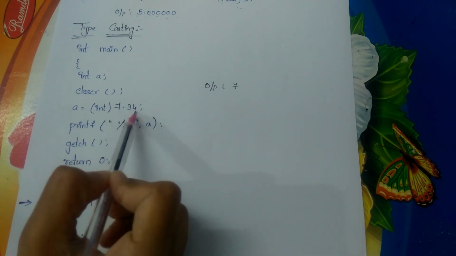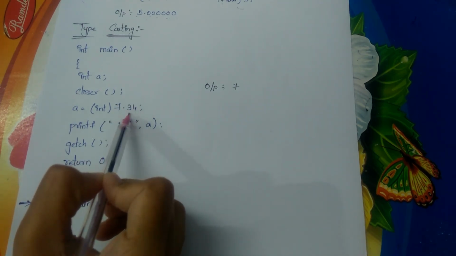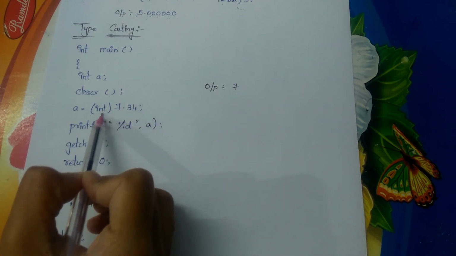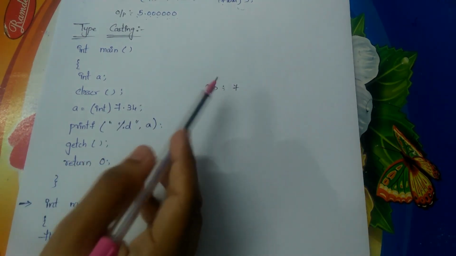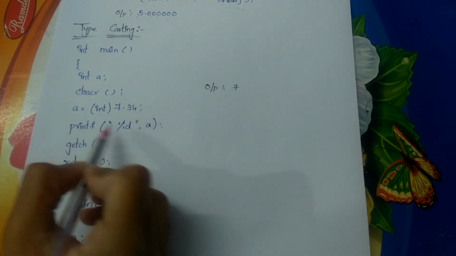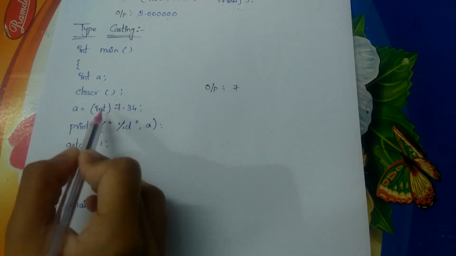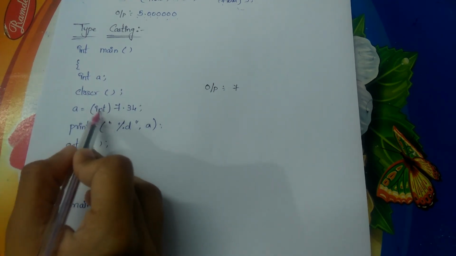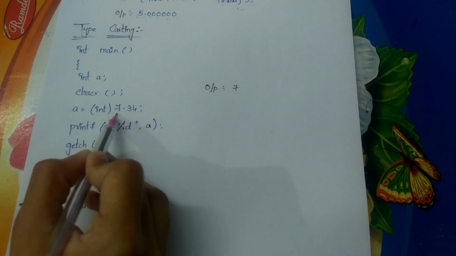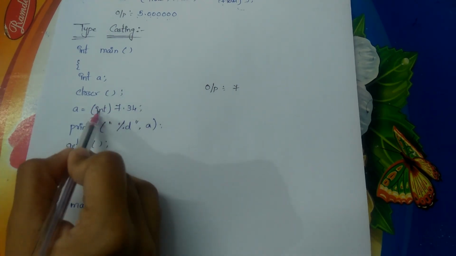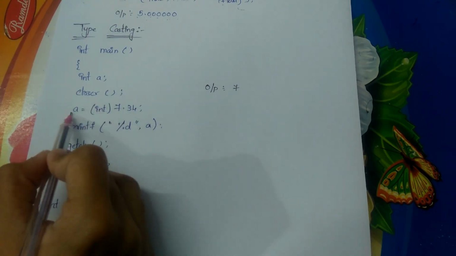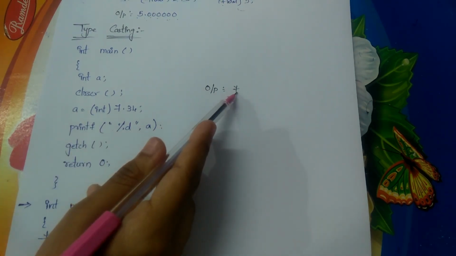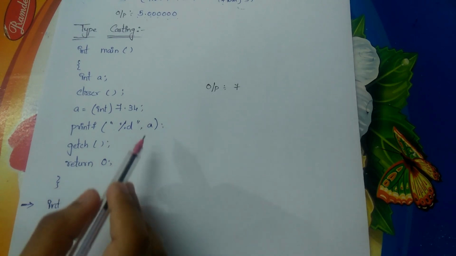This 7.34 float value will be converted to an integer, because I am using the int data type here, that is 7. Next printf, %d, this value will be printed here, and in the braces I am writing int and 7.34. So this float value will be converted to an integer, and that integer value will be stored in the variable a. So when I print this, in output it will be printed as 7.